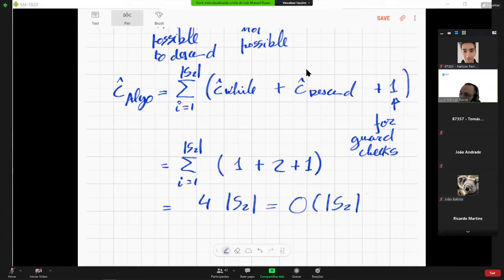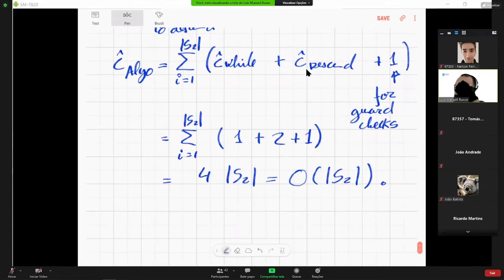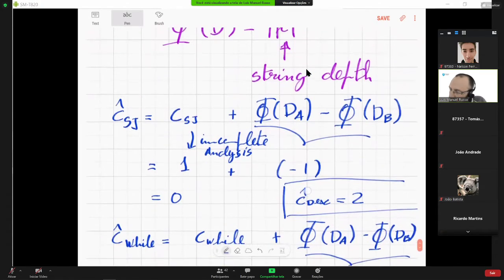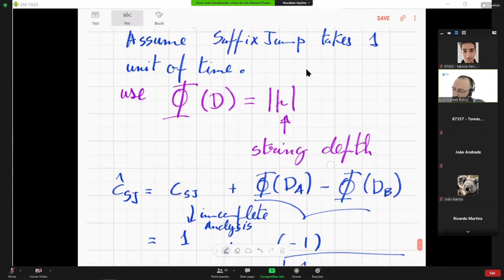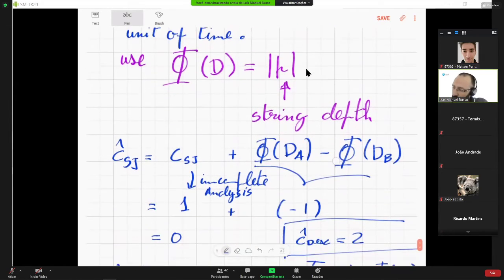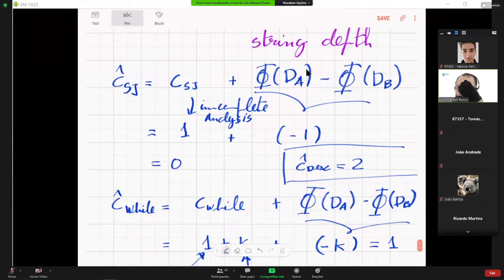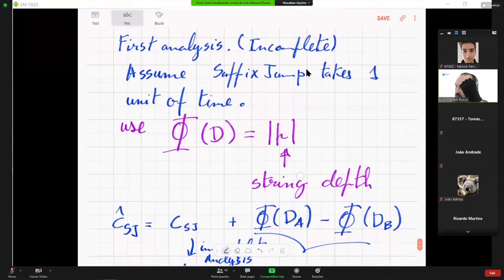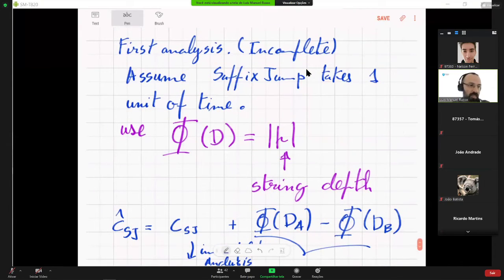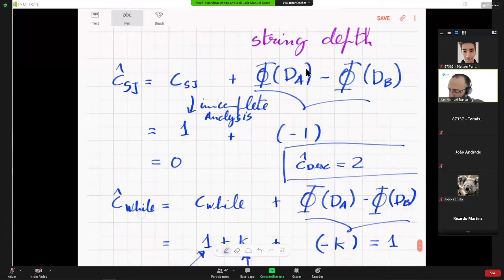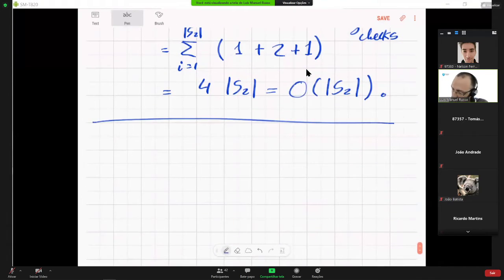Okay, this would be great if it was a correct analysis. The problem is that it's incomplete, right? So it's promising if we're able to do the skip count trick in constant time, right? So now we need to do the complete analysis.